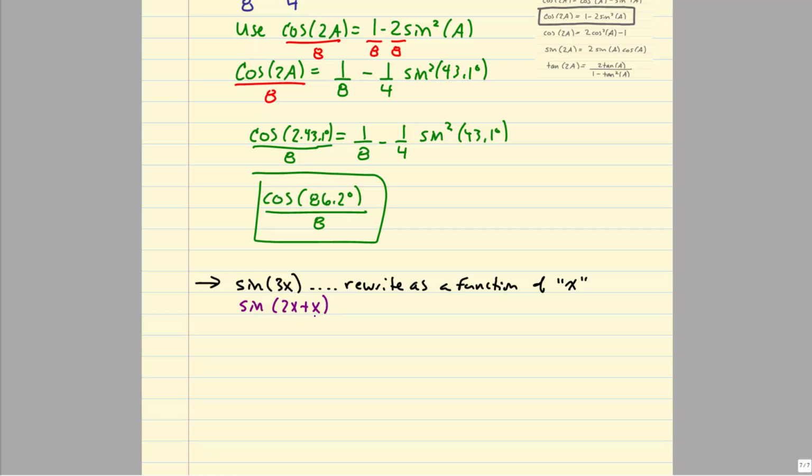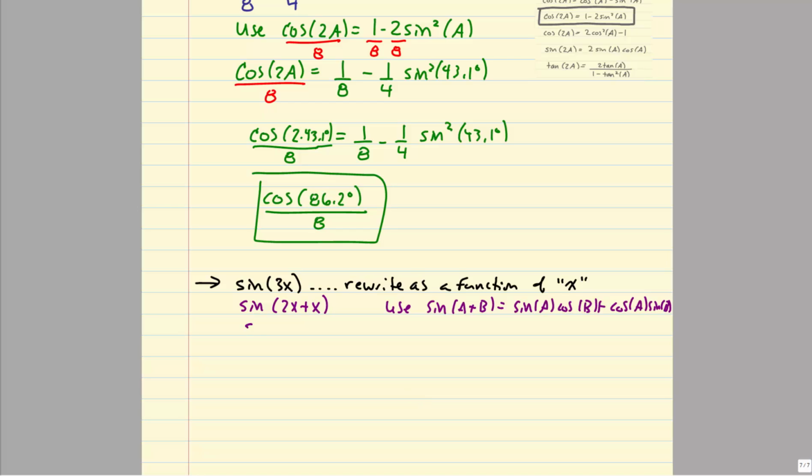Okay, so look back on your note card, and what we'll use here is the sine of a plus b is equal to the sine of a cosine of b plus cosine a sine b.